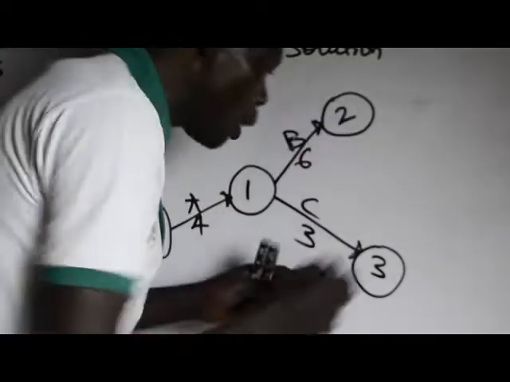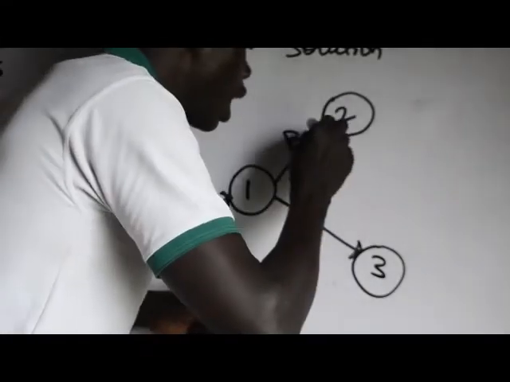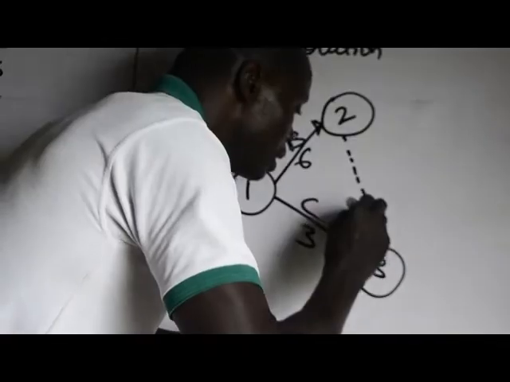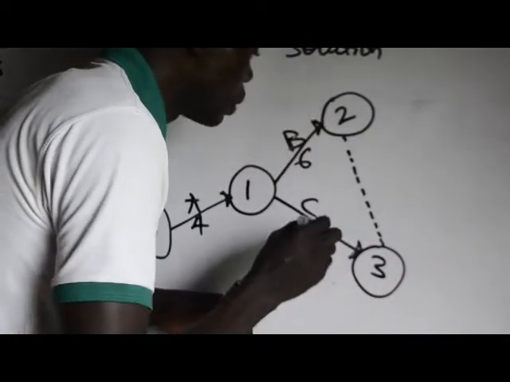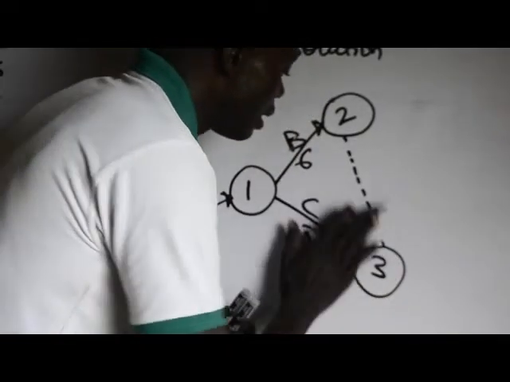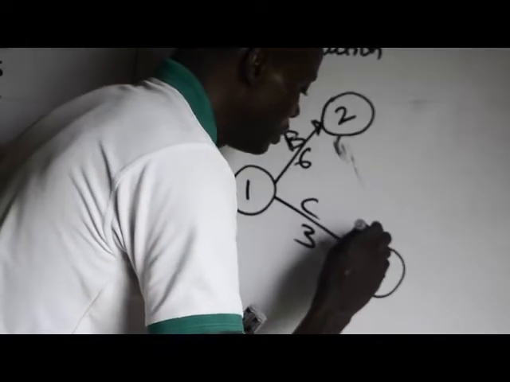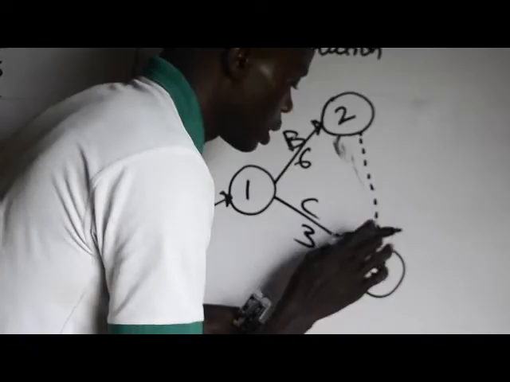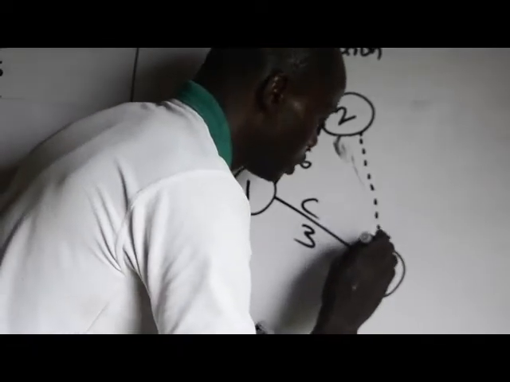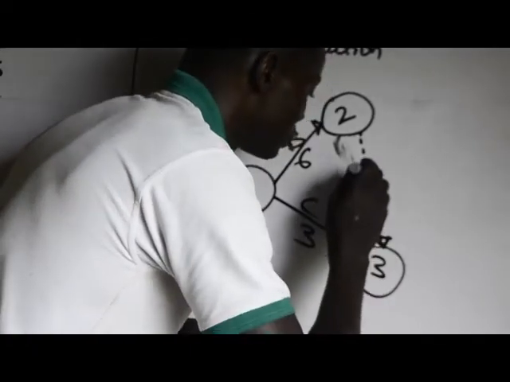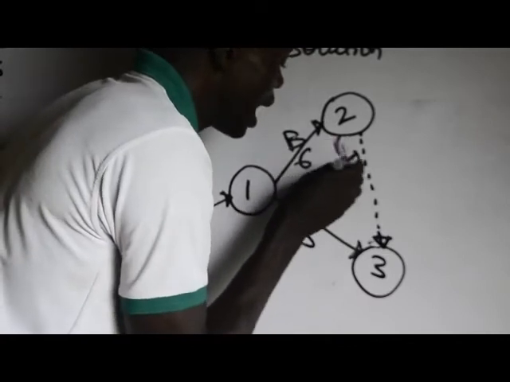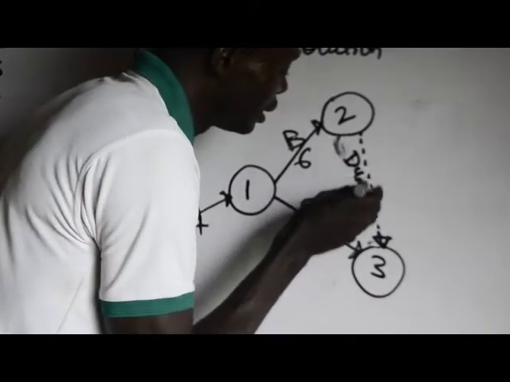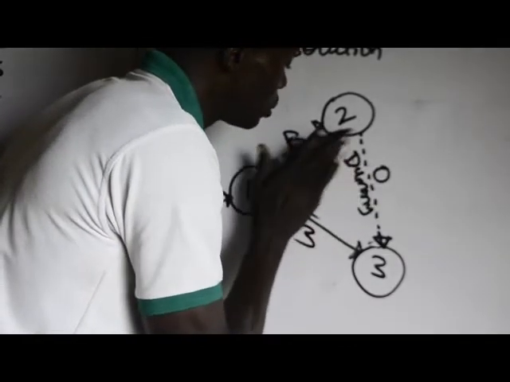So to join the two activities, you have to draw the dummy. The dummy will combine the two. So this is the dummy, and the duration of a dummy activity is usually 0.